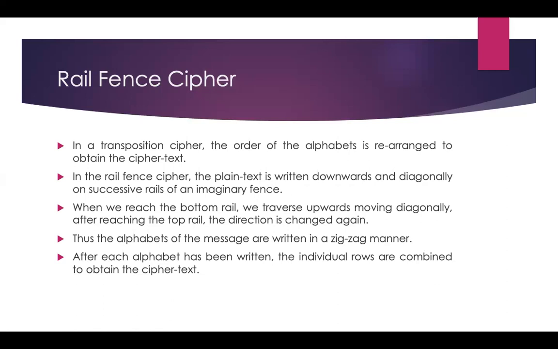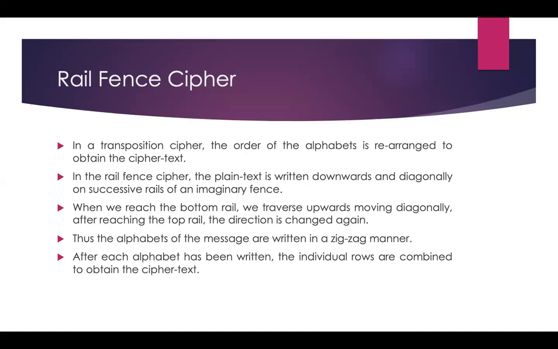After reaching the top rail, the direction is again changed. Thus, the alphabets of the message are written in a zigzag manner. After each alphabet has been written, the individual rows are combined together to obtain the ciphertext. That is what we have seen in our previous slide. So this is about the rail fence cipher.